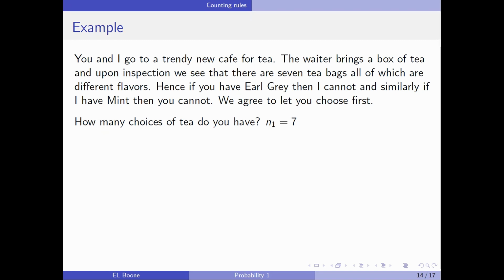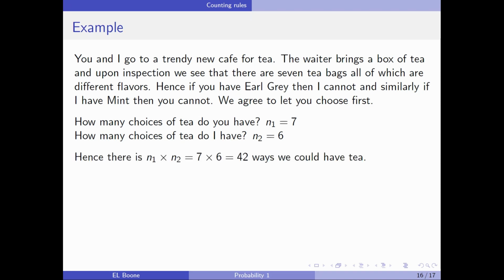Well, you have N1 equals 7 because you have a choice between all the bags that are there, all 7 bags. How many choices do I have? I only have 6 left, right? Because you've already taken one of the bags. So in this case, all we do is use our rule just like we've done before, and we have N1 times N2, which is 7 times 6. It's just 42 ways that we could have tea, where each of us has a flavor.